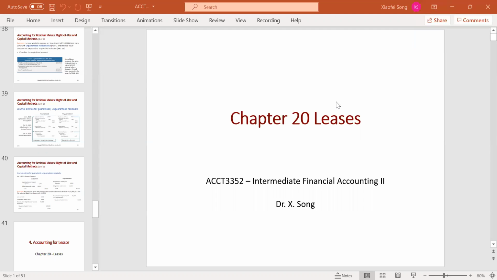At a minimum, we're going to cover the lease accounting under ASPE. And it serves 2 purposes. One is that now the lease is treated differently under ASPE and under IFRS. And secondly, the ASPE approach is the old IFRS approach before IFRS 16.